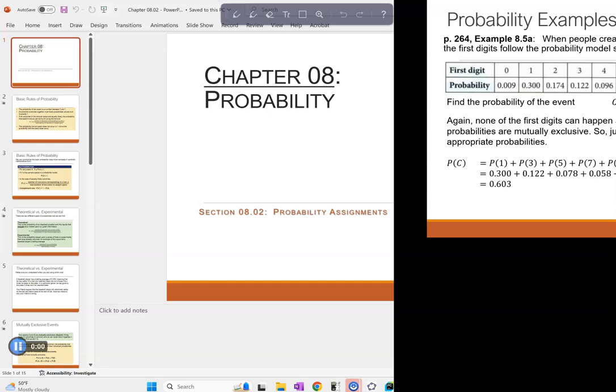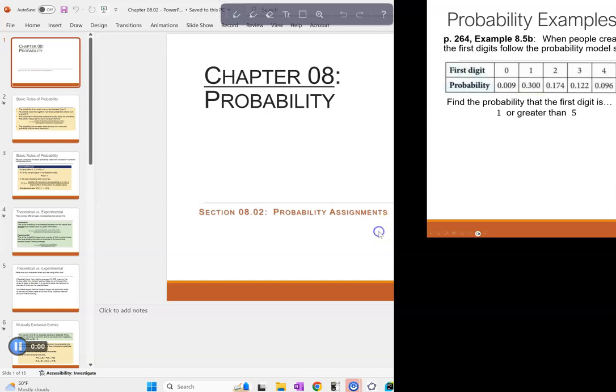Everybody's okay? So far, so good? Find the probability the first digit is 1 or greater than 5. So I'm just going to do the probability of A plus the probability of B. Right?